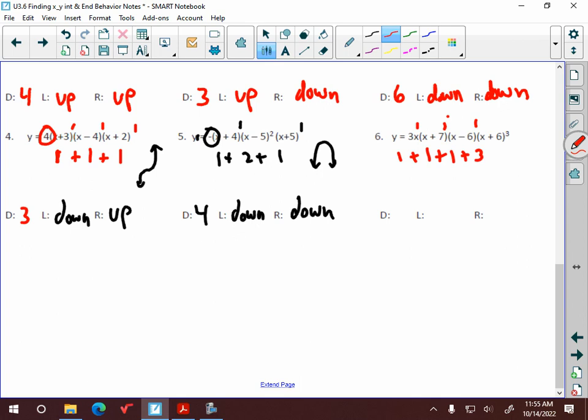So we want to add all those up. 1 plus 1 plus 1 is 3, plus 3 is 6. So this has a degree of 6. And 6 is an even number, so it's a quadratic shape. And we're leading off with a positive 3, so that means both arrows are going to be pointing up. All right, and that is it.